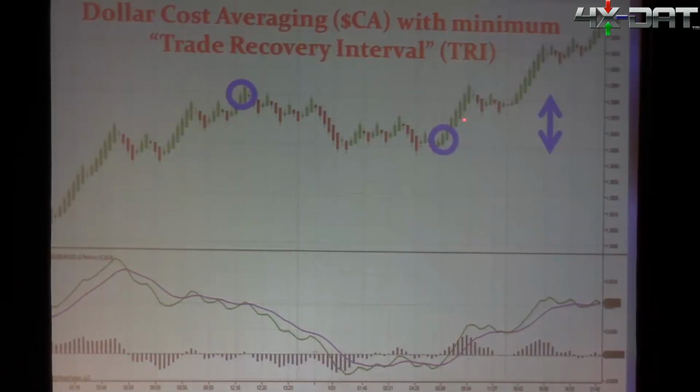You would take 20 pip profit on this trade. That means that this trade now, if the market were to drop all the way down here again to where you opened this trade, is still 40 pips down. You're still 40 pips down on this trade, but you took 20 pips here. And then you get another opportunity maybe over here somewhere and take another 20 pips. Well, guess what?